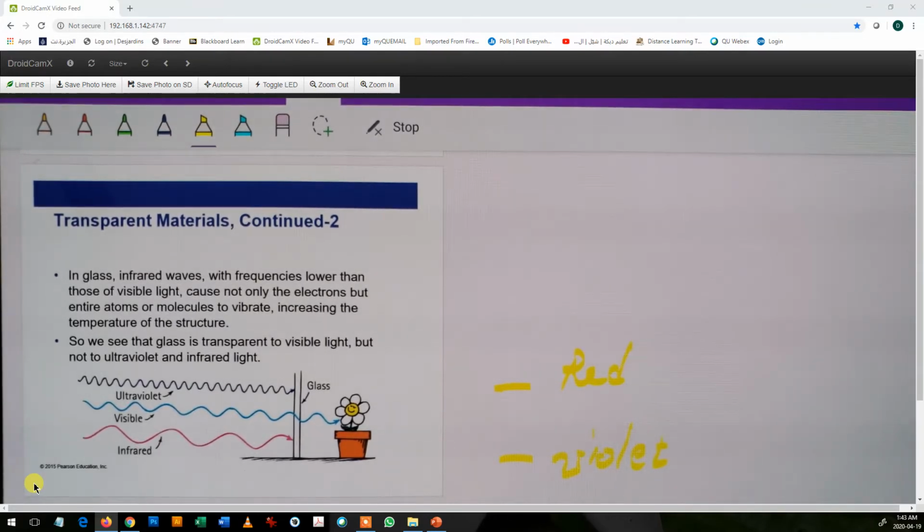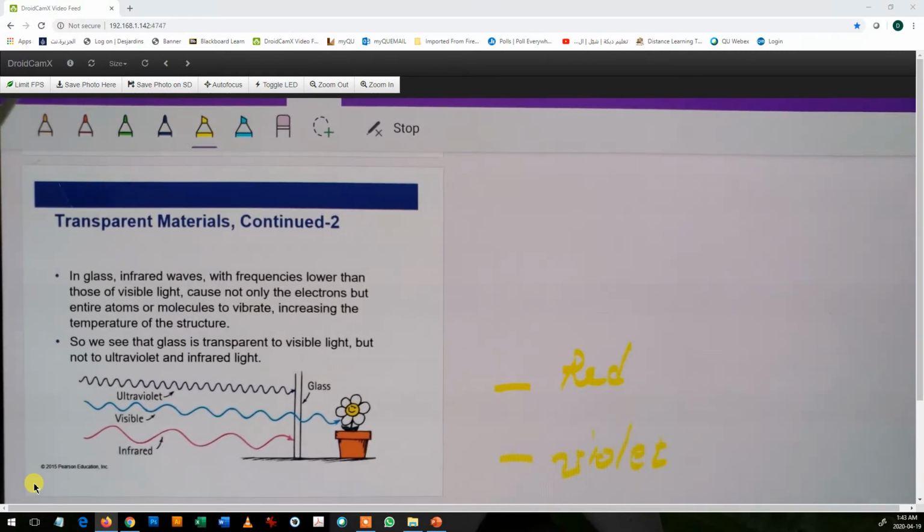Okay. From this information, we can understand now, for example, why in the summer the inside of the car is always hotter than outside the car.